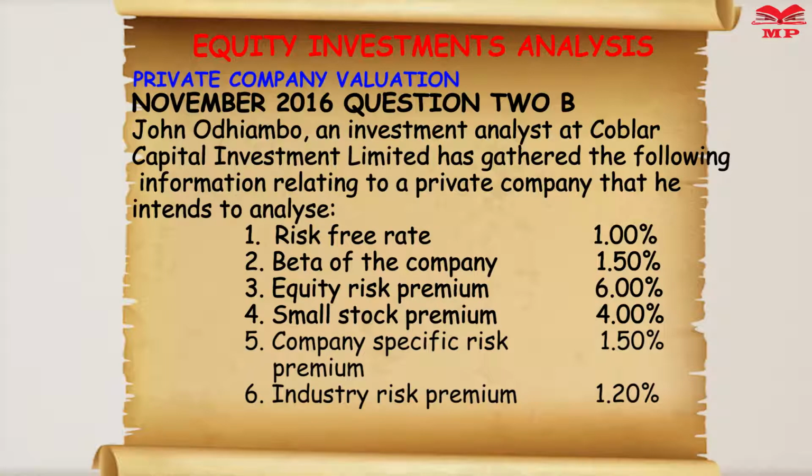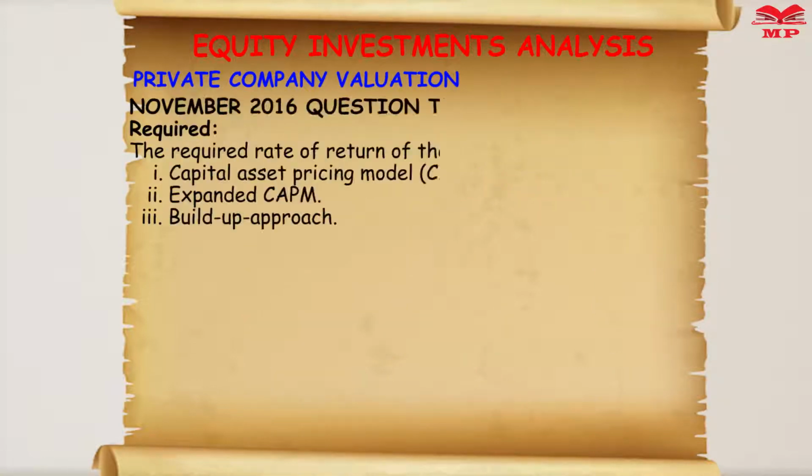Risk-free rate 1%, beta of the company 1.5, equity risk premium 6%, small stock premium 4%, company specific risk premium 1.5%, industry risk premium 1.2%.